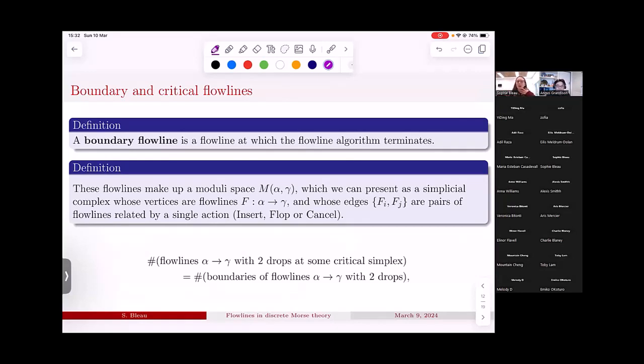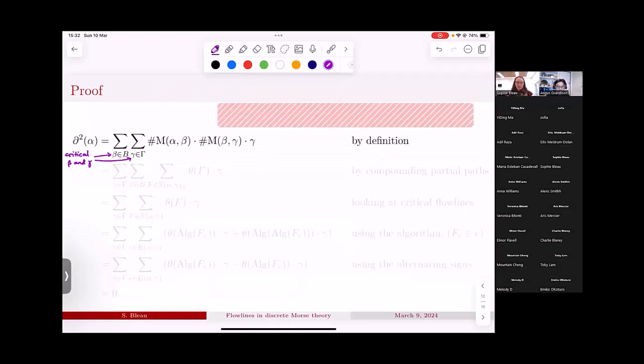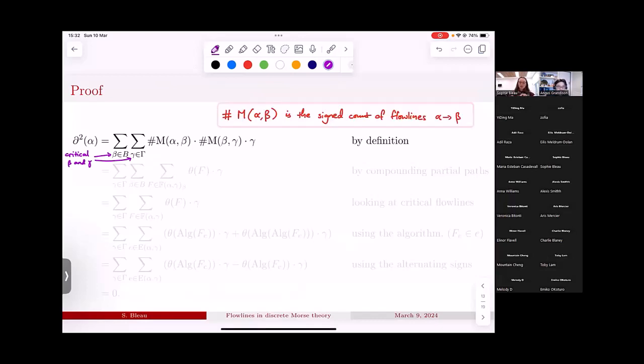So let's try putting all of this together. So if the square of the differential is the sum over all critical beta, the sum of all critical gamma, taking the signed count of flow lines from alpha to beta multiplied by the signed count of flow lines beta to gamma.